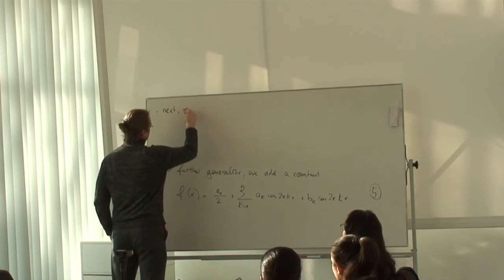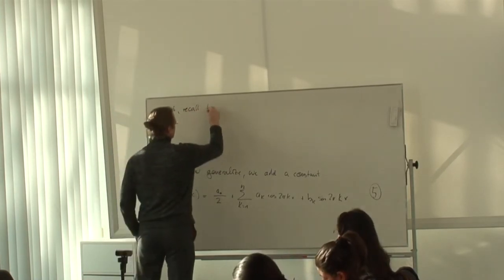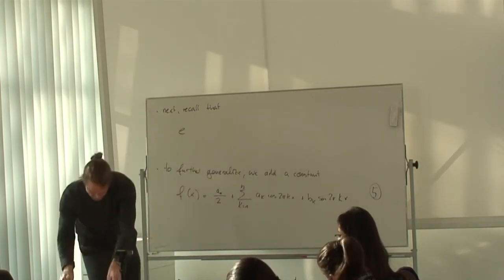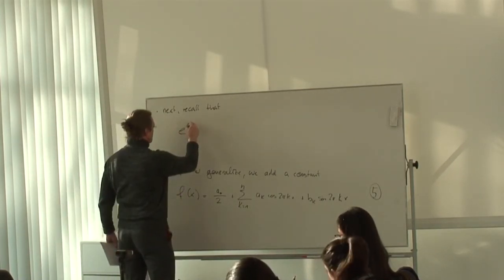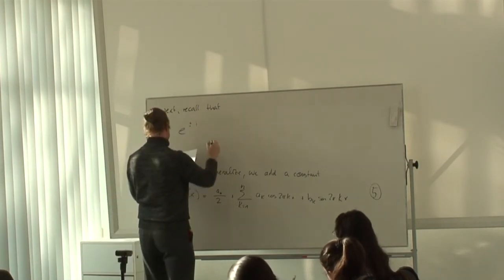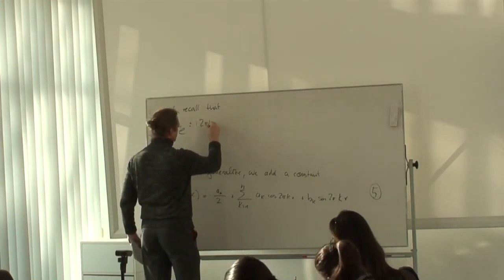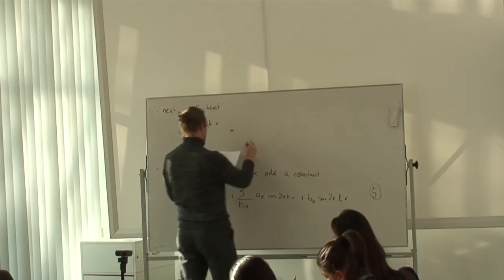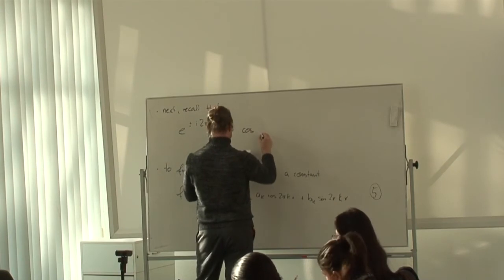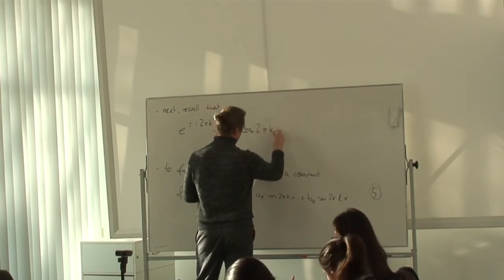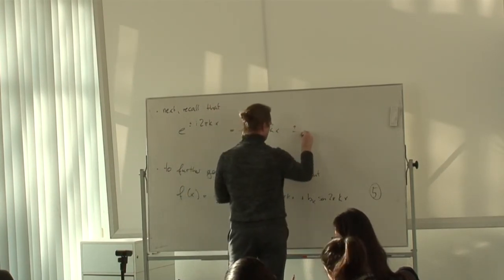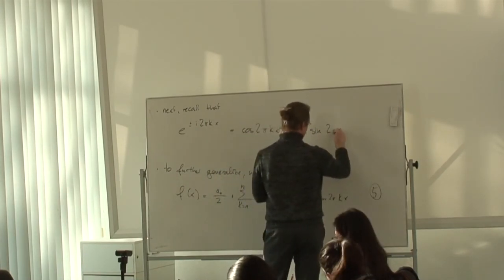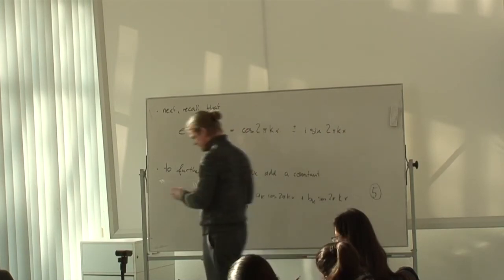next, that e to the plus minus i 2 pi kx is the same as cosine 2 pi kx plus minus i sine 2 pi kx.